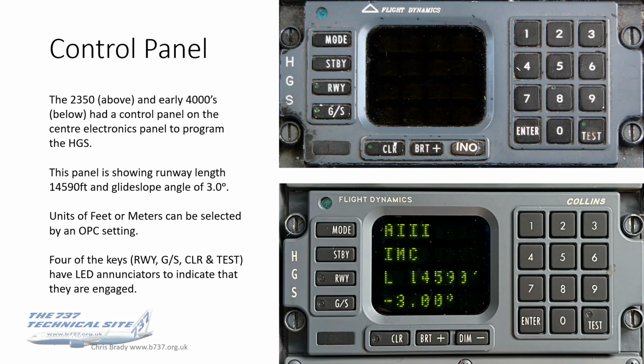And of interest, 4 of the keys, runway, glide slope, clear and test, have got LED annunciators to indicate that they are engaged. So that's your control panels there, and they're in the central electric panel between the radios on that panel.